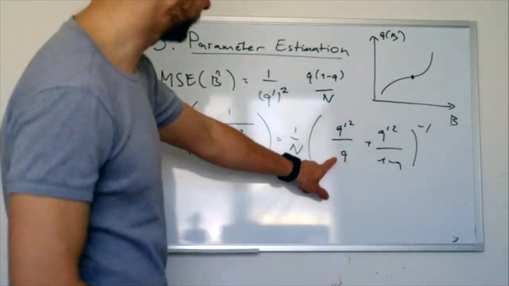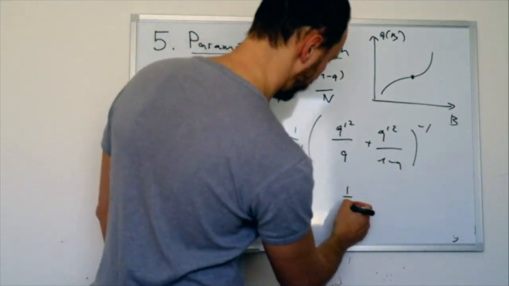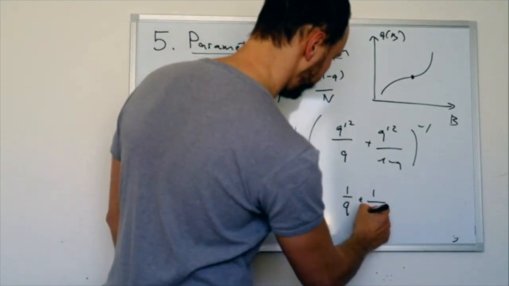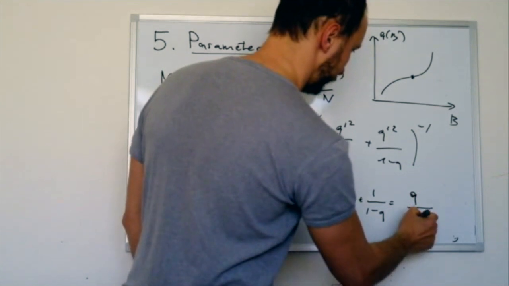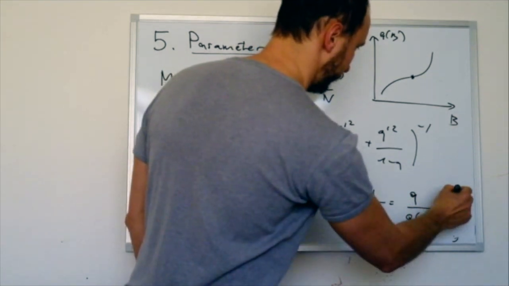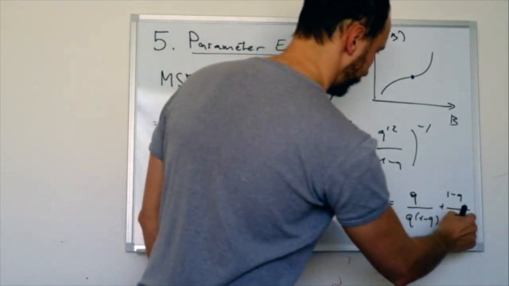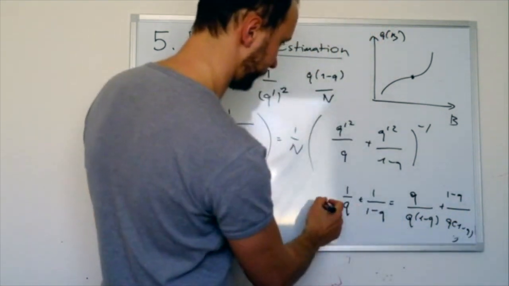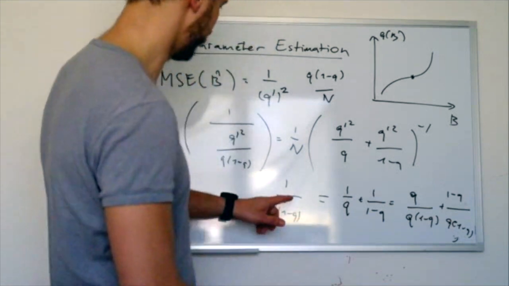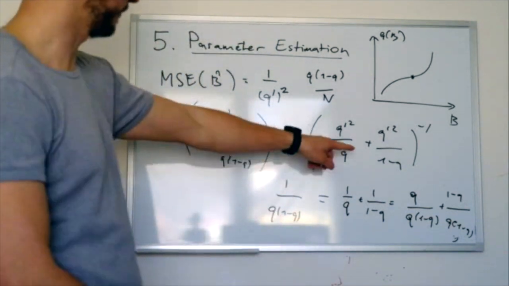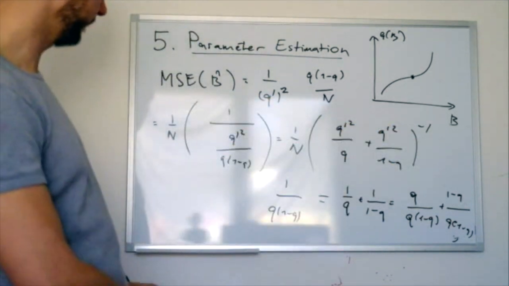Is it true? If I sum the fractions, 1 over Q plus 1 over 1 minus Q, I get 1 over Q times 1 minus Q. So indeed, these two expressions are the same, this is minus 1, all right?